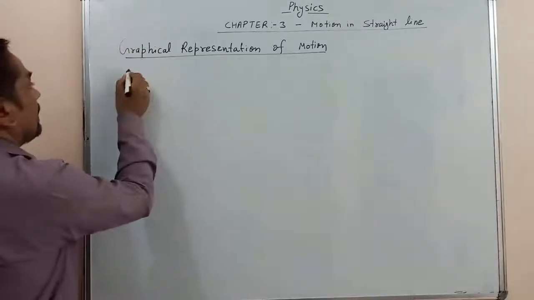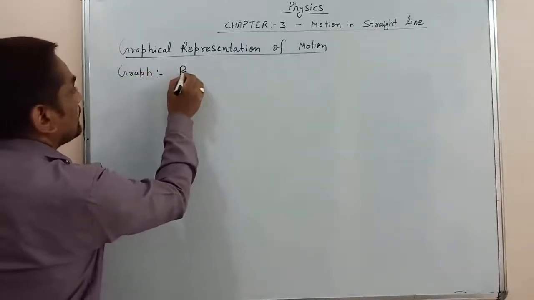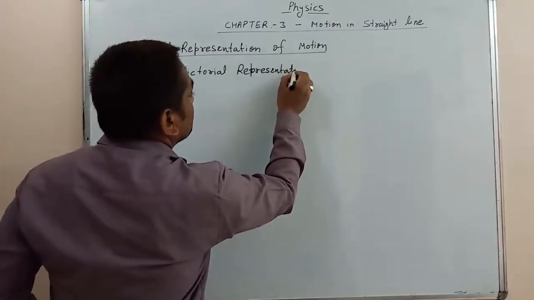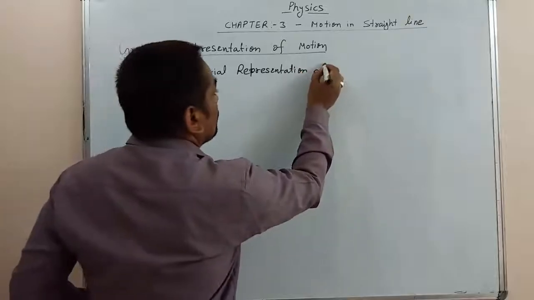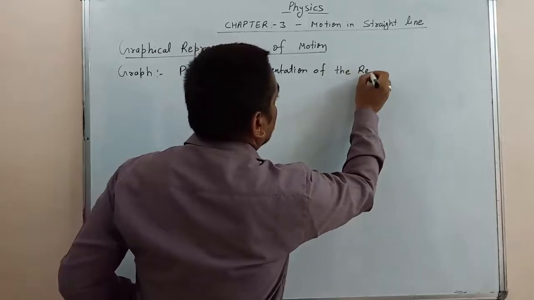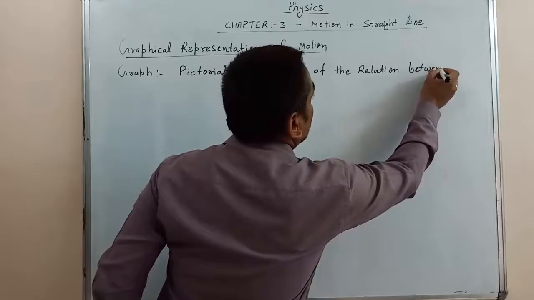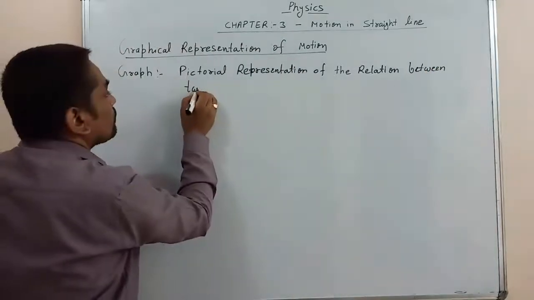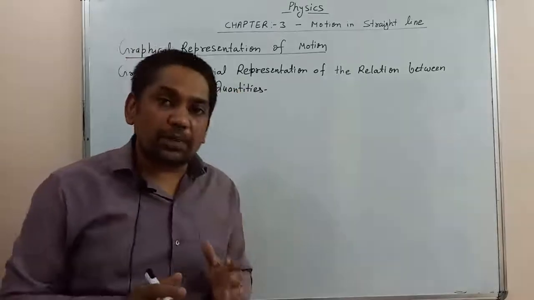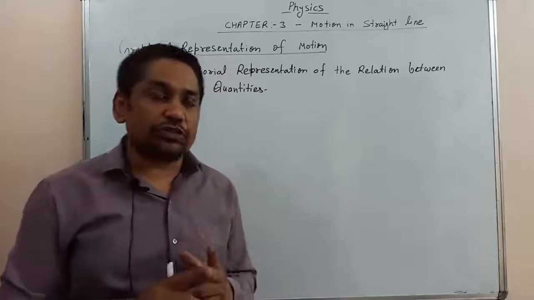So what is a graph? In motion, we will say a graph is the pictorial representation of the relation between two quantities. We draw a picture that gives the relation between two quantities which are related to each other.